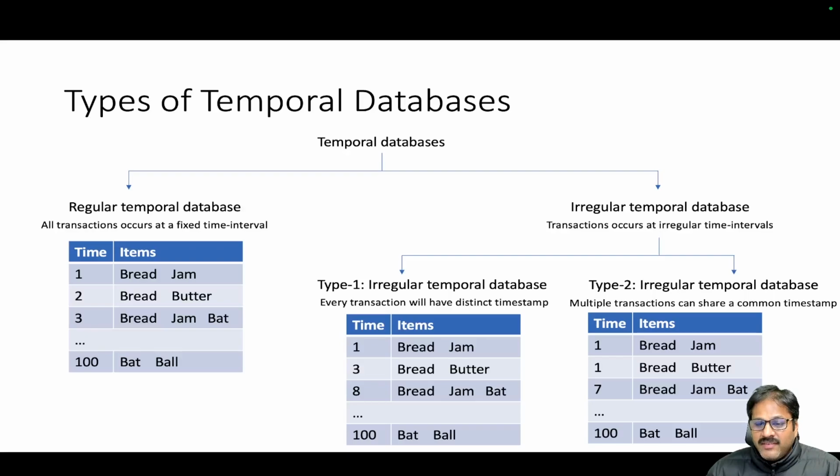So at the same timestamp, multiple people will be purchasing the item. So we often generate type 2 datasets in this situation. So the algorithms in PAMI can handle any of these three types of temporal databases.